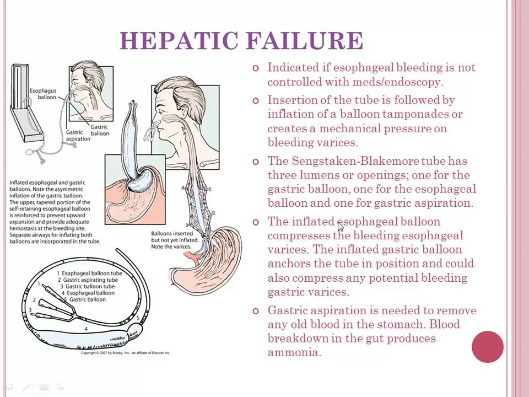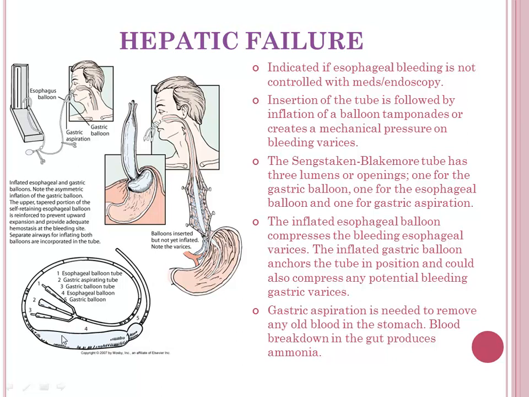Let me just show you what this looks like. This is a honkin' big, massive thing, and it looks like an NG tube, except, and here's a picture of it right here, it's much, much bigger. You'll notice you have 3 ports here, and you have 2 balloons.